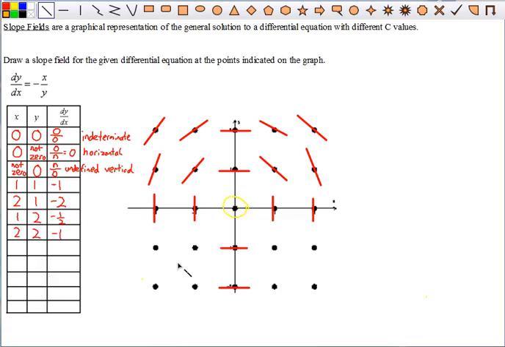Now, let's see if we can do the same thing over here. On this one, when the y coordinate is just the opposite sign, (1, 1) versus (1, -1), the same thing would happen. If the y coordinate is the opposite, it's going to make the slope the opposite sign also. So here, the slope was negative 1, so here it's going to be positive 1, so 1 over 1, headed towards that point.